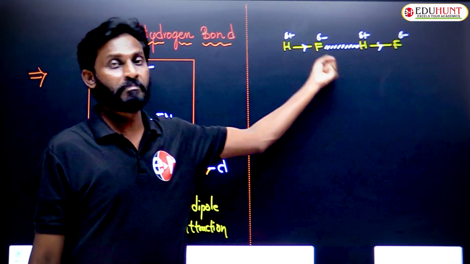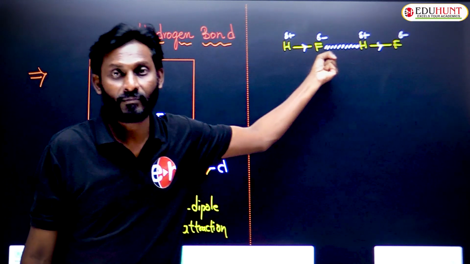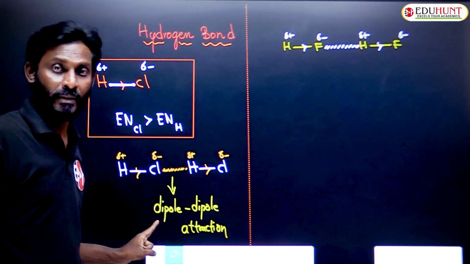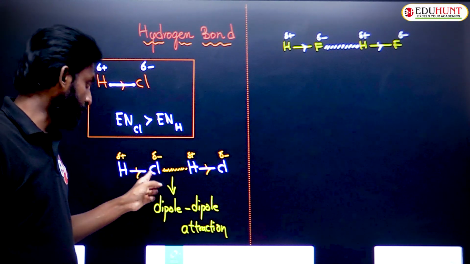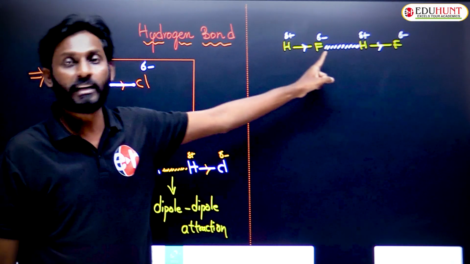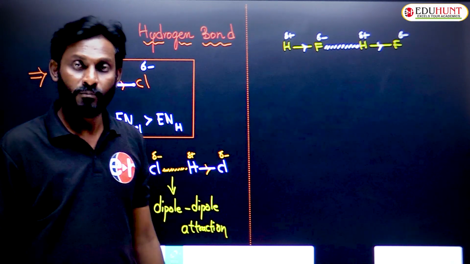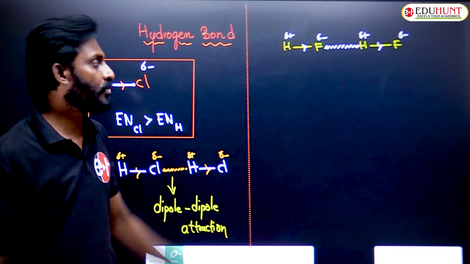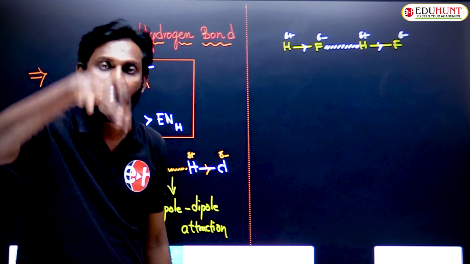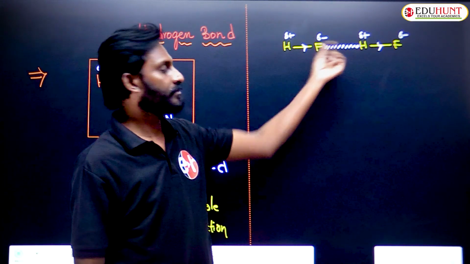the attractive power here will be more than here, because compared to chlorine, fluorine is more electronegative. More electronegativity leads to more magnitude of charge. More magnitude of charge leads to more attraction.